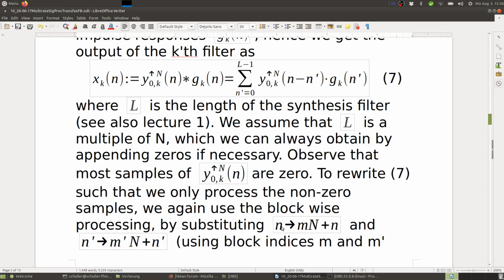This n goes from 0 to infinity basically, or to the end of the signal, whereas this lowercase n only goes from 0 to capital N minus 1. So it's a phase index. Same here for n prime. I use the same notation because there's not much danger of confusion, because we don't use them at the same time.